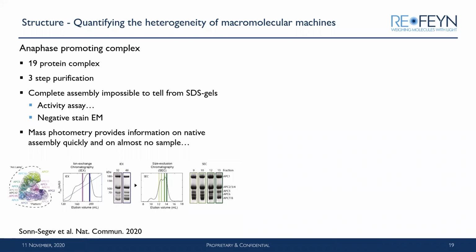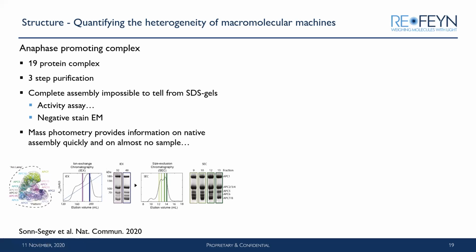Again, another really great example of this quantification of the heterogeneity of the sample is the APC, which is the anaphase promoting complex. It's a huge complex of 19 subunits with a three-step purification. And the idea is to study the structure of the protein with cryo-EM.